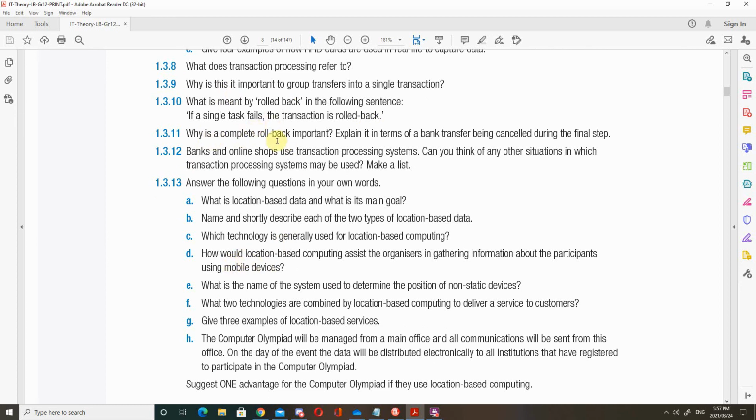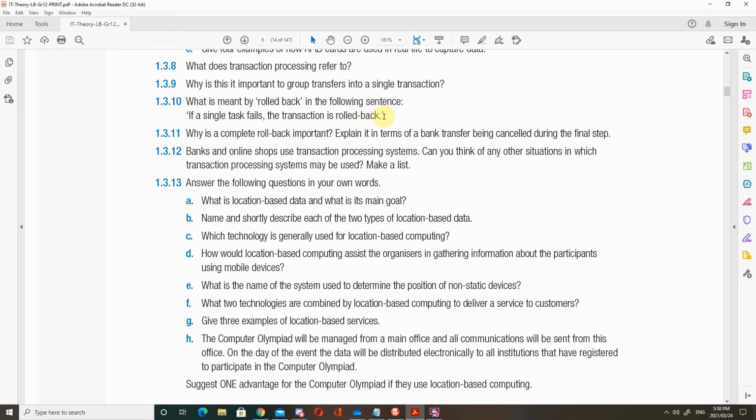I see they talk here about rollback. Anybody wants to try, what is a rollback? If one task fails, the transaction is rolled back. No, when something goes back to a previous state. Yes.